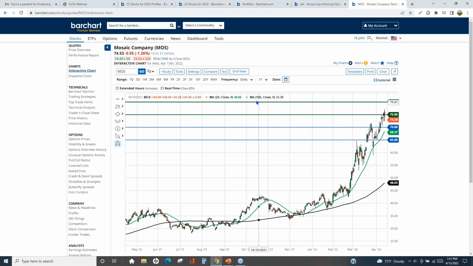And remember, our green lines represent that area of historic resistance. So has Mosaic gotten to a point where I would normally think about taking profits? Yeah, it's doubled in value and it's come into an area of supply. So now what I can do is employ this strategy. This will allow me to stay in the stock in case Mosaic could go even higher.